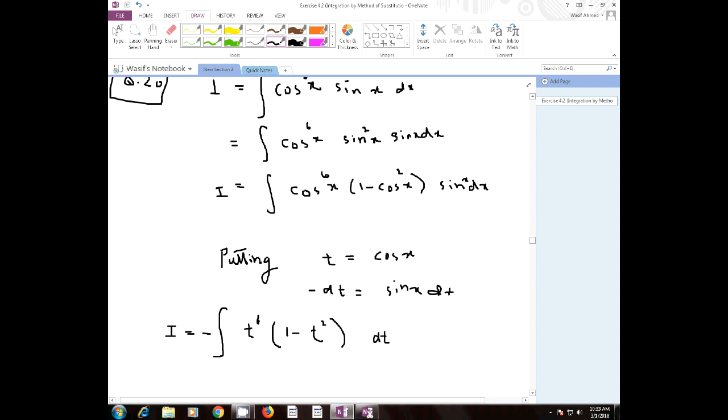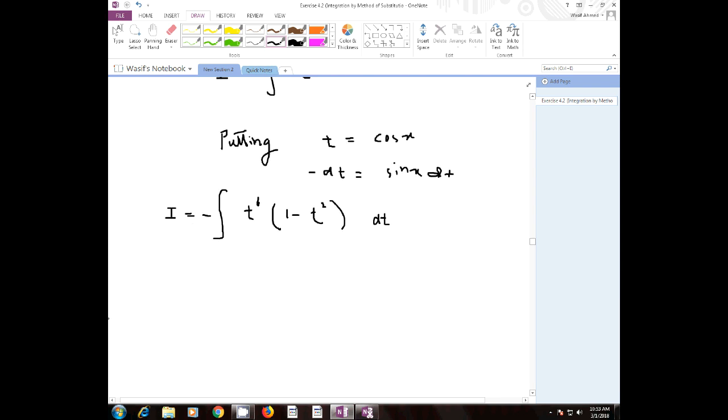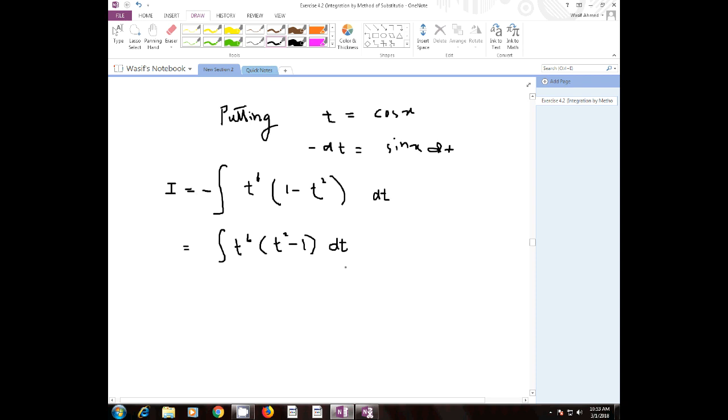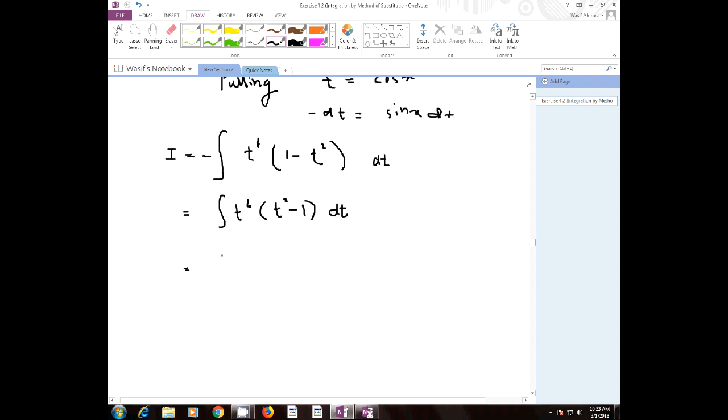So now it looks like a very simple problem. Take minus inside and multiply it. You might get t raised to the power 6 and t square minus 1 dt, and from here you get t raised to the power 8 minus t raised to the power 6 dt.